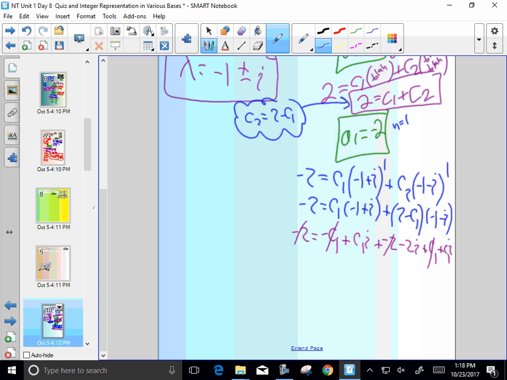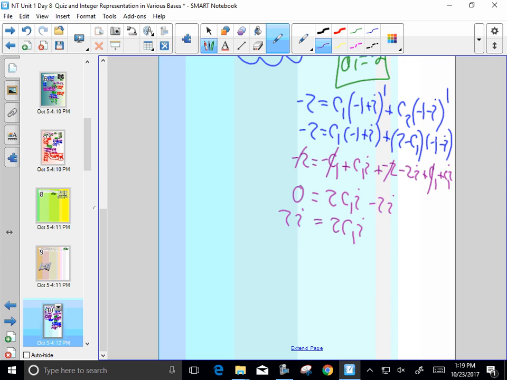So you're going to get 0 is equal to 2C1 times i minus 2i. Oh, 0. That's right. This is 0, not 1. Negative 2 plus 2 is 0. Oh, thank you. Yeah. I had myself worried there. 2C1i is equal to 2i. What cancels out? 2i. No way!